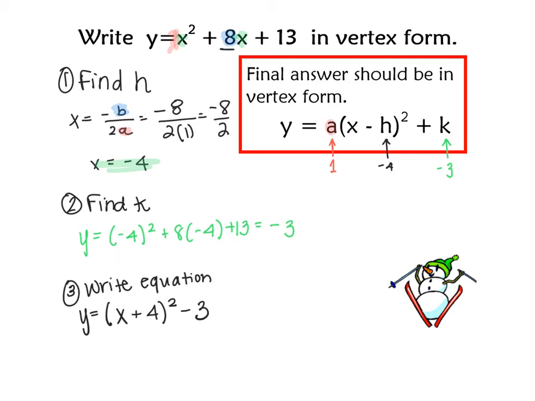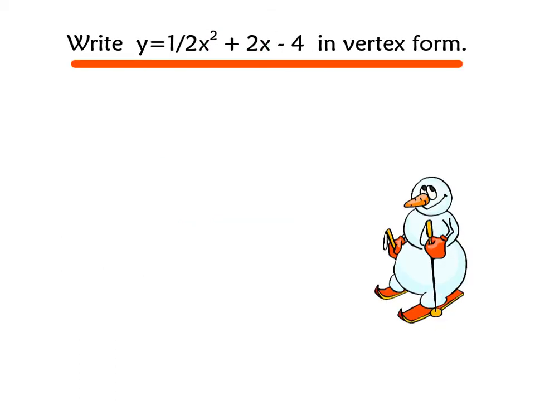So here's our second example. Remember one more time, this is our vertex form. First thing I'm going to do is find my a value, and right here is a, so a is going to be 1/2. The next thing I want to do is find my h.